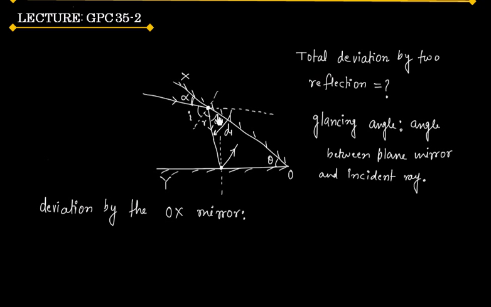If this angle is alpha, then this angle is also alpha, because these are opposite angles. So the total deviation is alpha plus alpha, that is 2 alpha, and this deviation is in the clockwise direction.